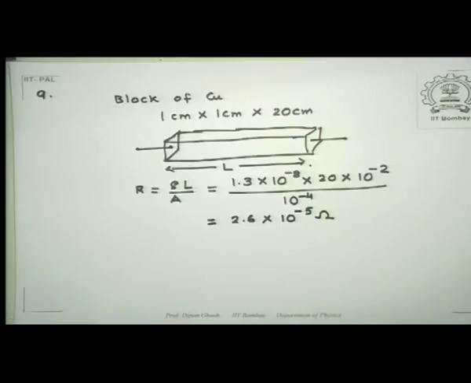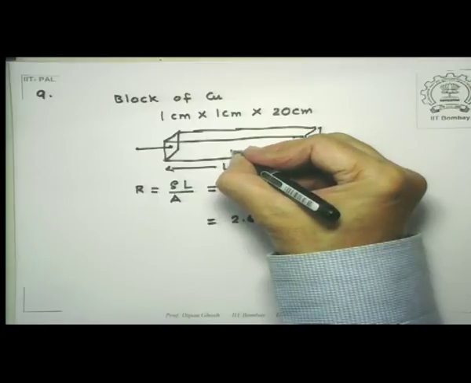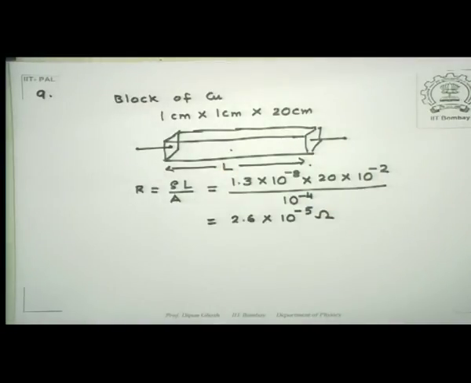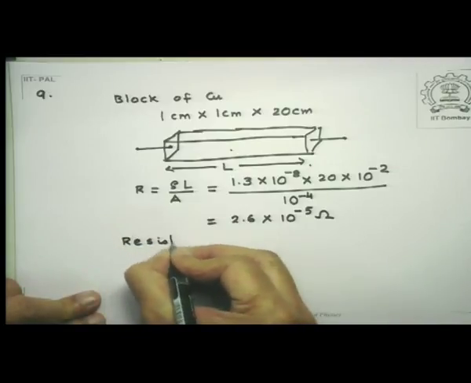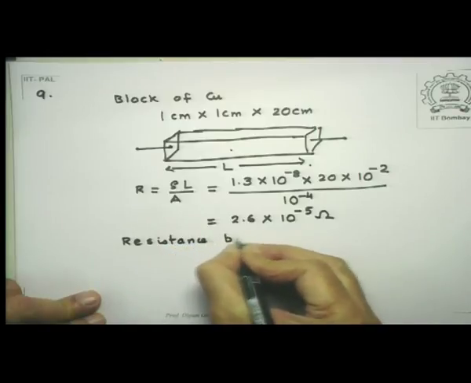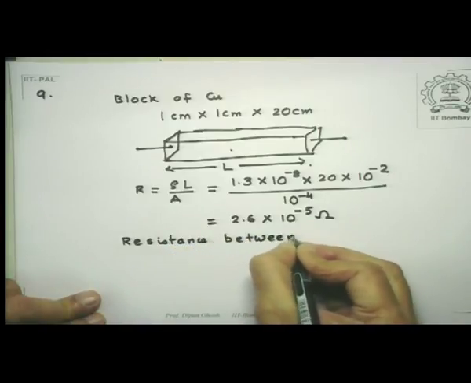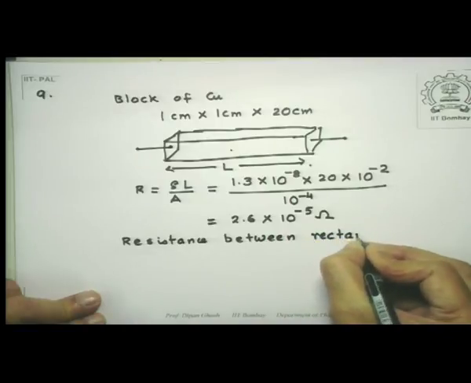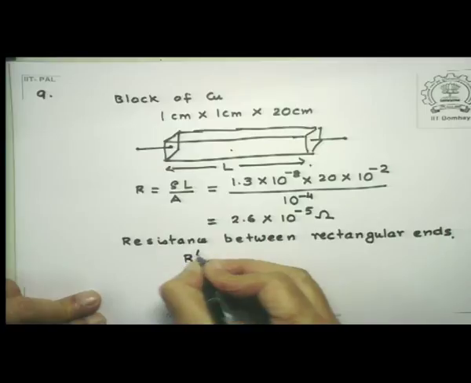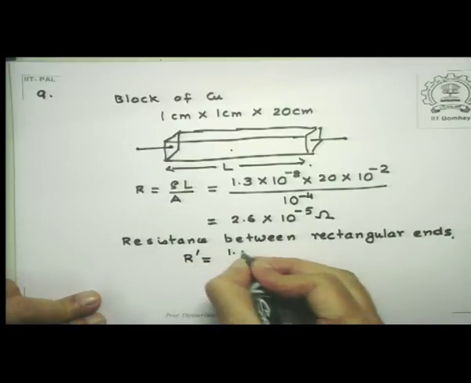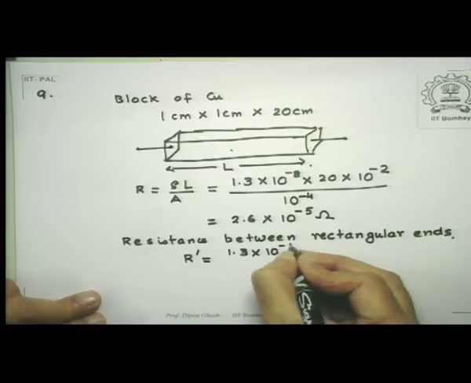Now, suppose instead you had applied the potential difference between the rectangular ends. Now, your numbers will change, because between rectangular ends, I have the same number 1.3 into 10 to the power minus 8, which is property of a material.